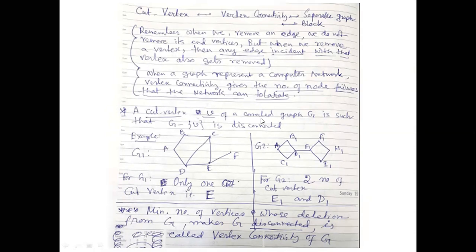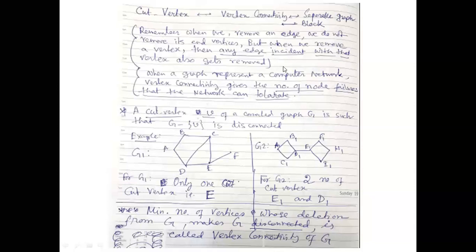So we get the definition of vertex connectivity: the minimum number of vertices whose deletion from G makes G disconnected is called the vertex connectivity. Remember, there is no cut set type concept in vertex connectivity. I repeat: the minimum number of vertices whose deletion from the graph G makes G disconnected is called the vertex connectivity of G.